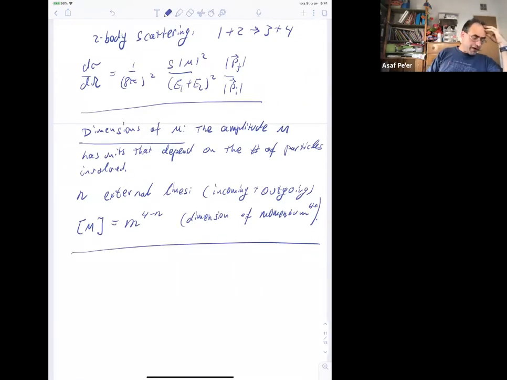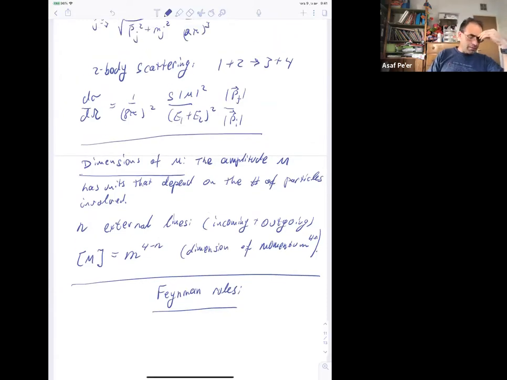So let me now introduce you to the Feynman rules. The Feynman rules tell us how to calculate this amplitude from the Feynman diagram. Once we know M, we can put it in the formulation that we derived for the decay rate or for the cross section, and then we can directly calculate the cross section or the decay rate of the particle.